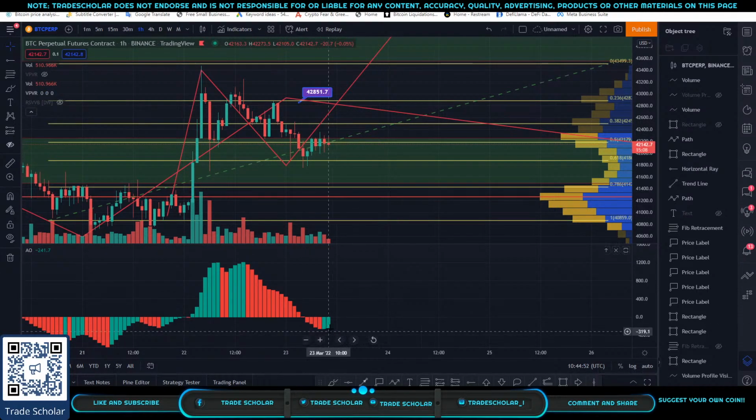The 1 hour time frame printed green volume already, so I hope we can continue to the upside. Here, drop, base, up.